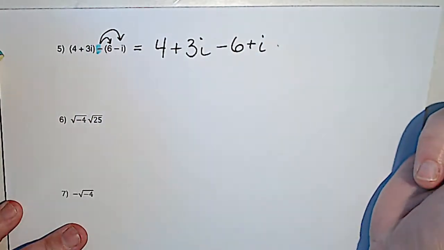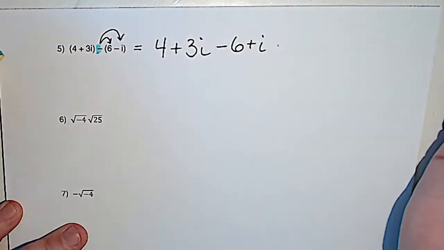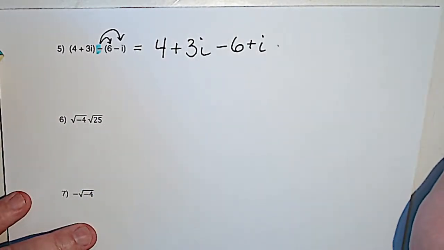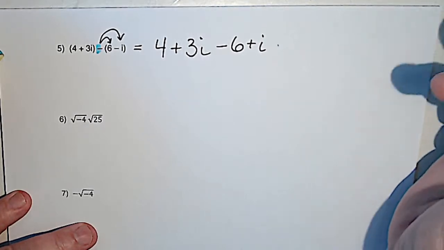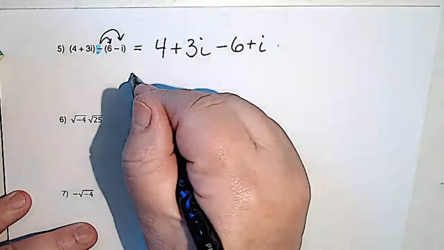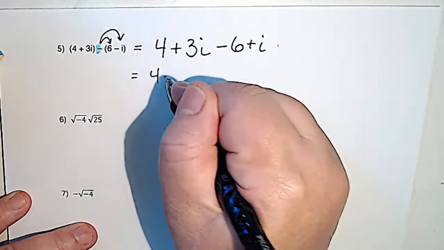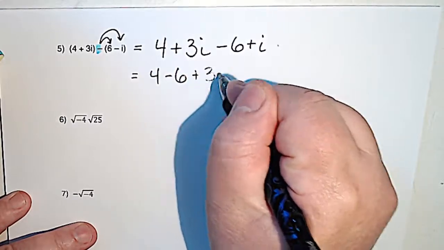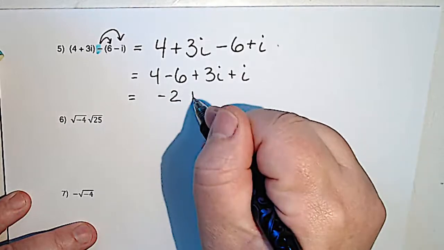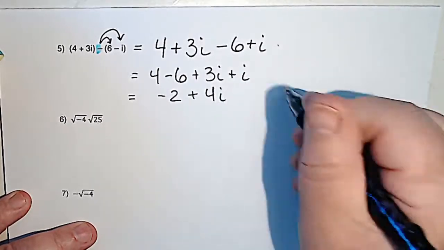Notice that subtraction works exactly the same way. You're going to add and subtract these just like you would add and subtract polynomials, just instead of an x, you've got an i. But remember, i stands for a number, not a variable. So I've got 4 minus 6 plus 3i plus i. So I get negative 2 plus 4i.